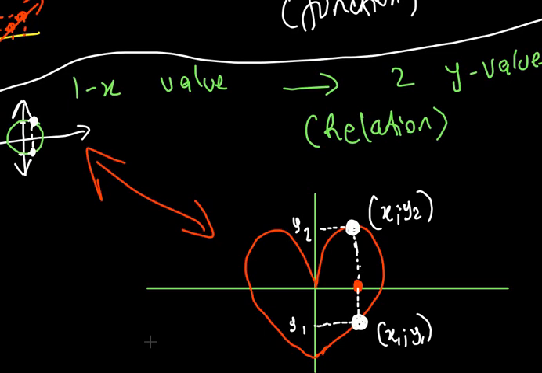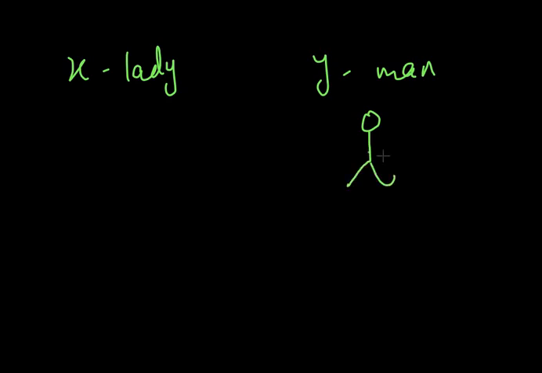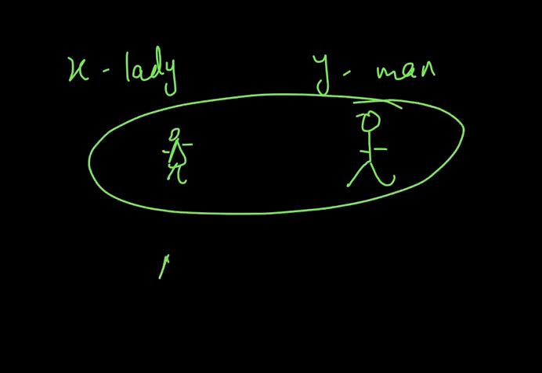And Mina, for me to remember it quite easily, I always say that I take x as a lady, and then I take y as a man. Now, as a man, you can either have one wife, or you can have how many wives?